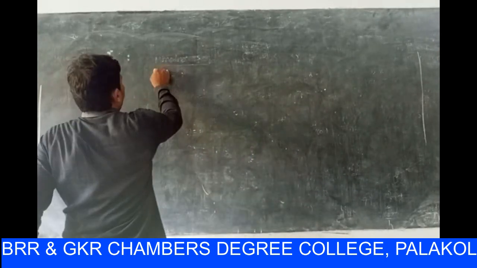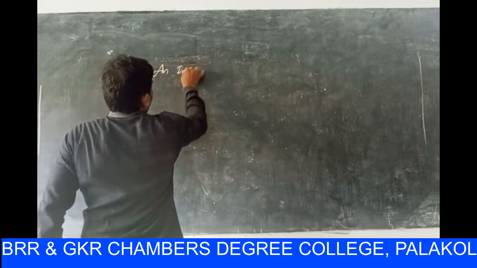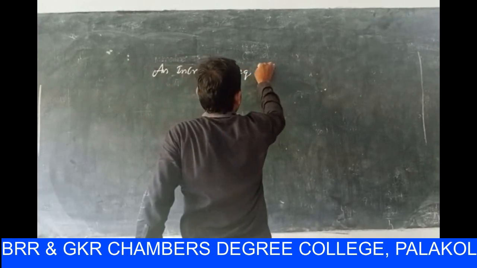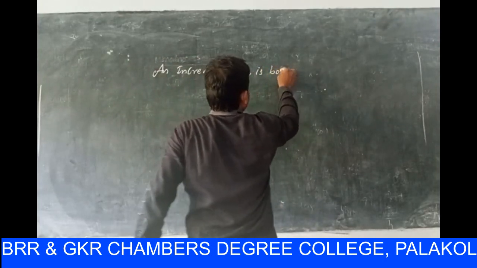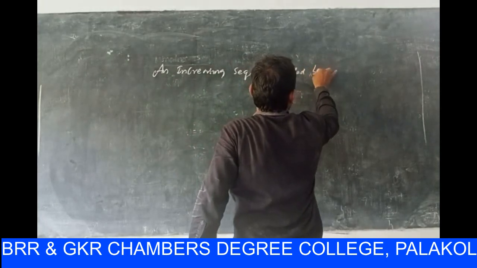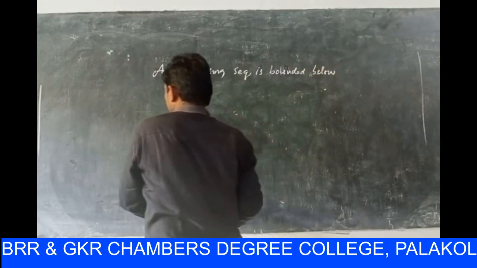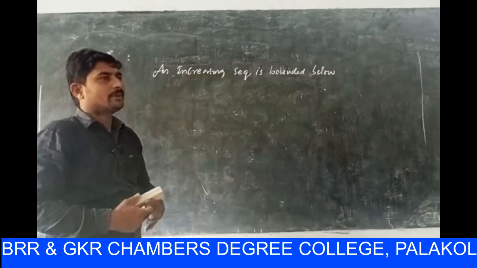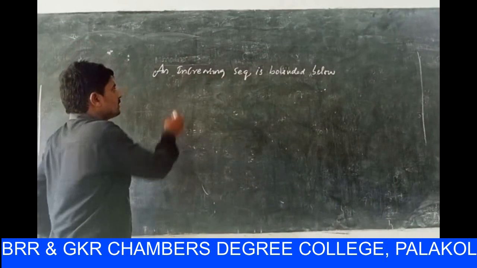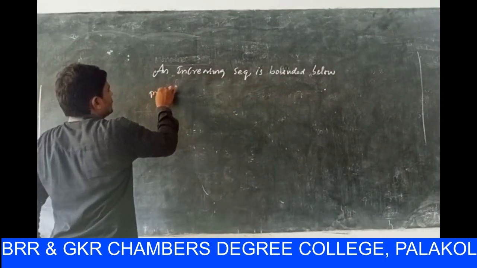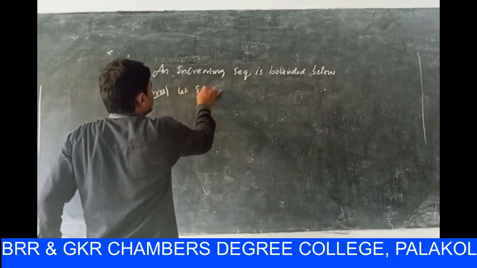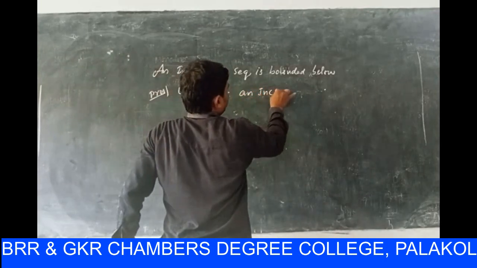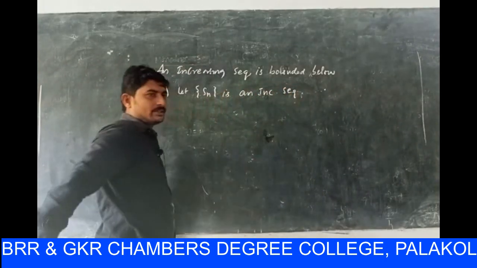The first one is: an increasing sequence is bounded below. This is the statement. In the proof, I am supposing we take some increasing sequence. Let the sequence Sn be an increasing sequence.